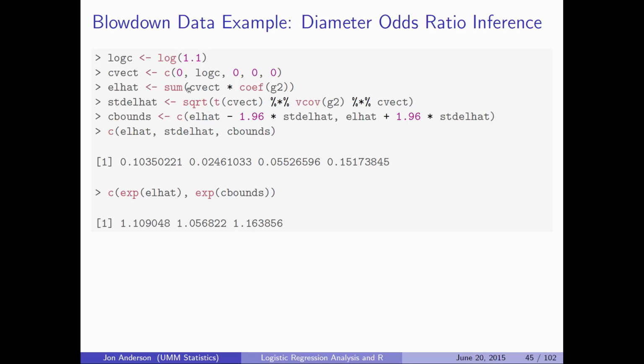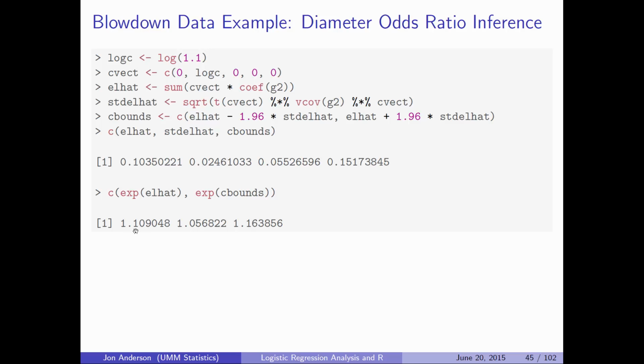We make the linear combination of the c multiples times the coefficients for our model. We make the standard error, we make the confidence interval for L, and then we make the confidence interval for the odds ratio.